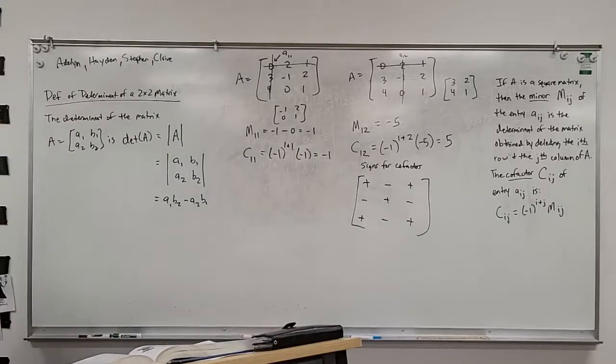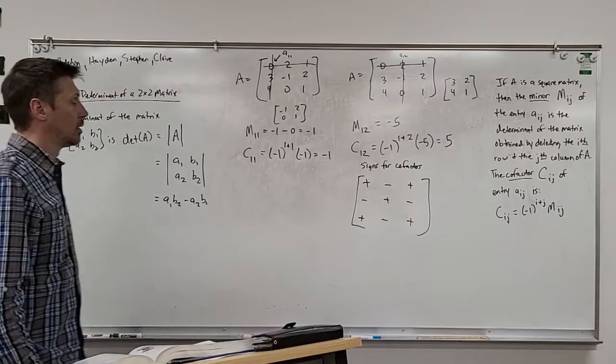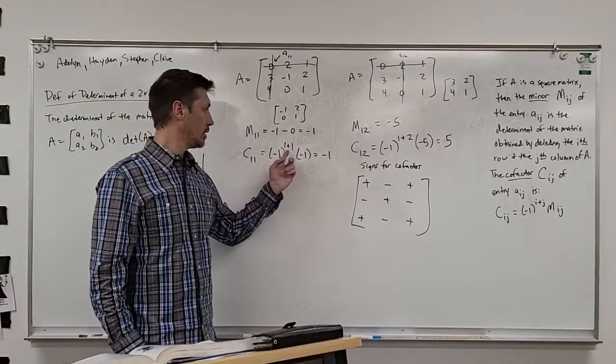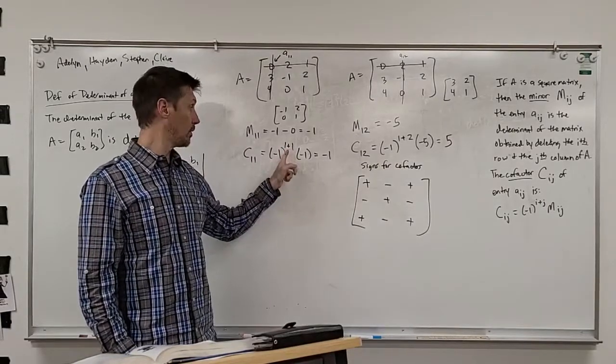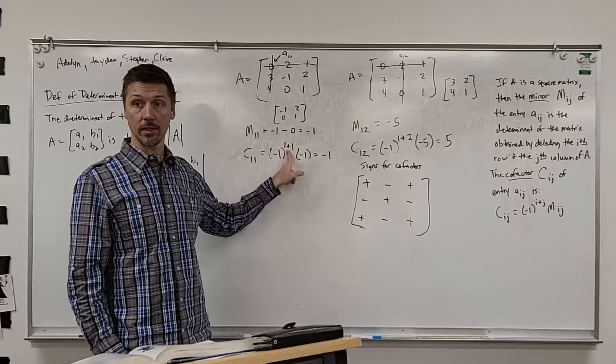Basically all you need to know is, if it's an even number, the sign's going to be the same. Now, when we have 1 plus 1, that comes out to be an even number.